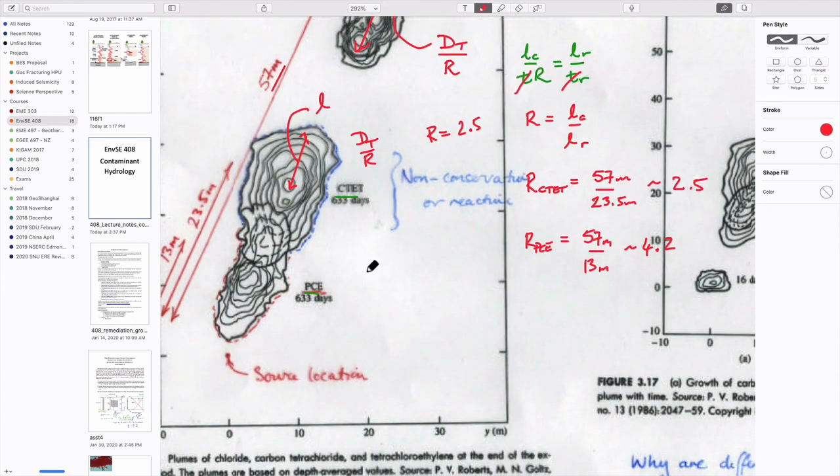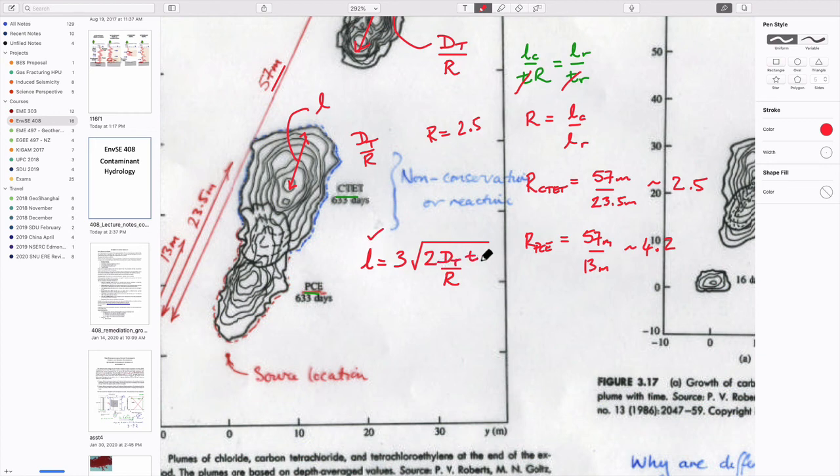And so in other words, if we know that length is equal to 3 times square root 2 times dispersion coefficient times time, but this is retardation, then we can measure this length here, whatever that length is.